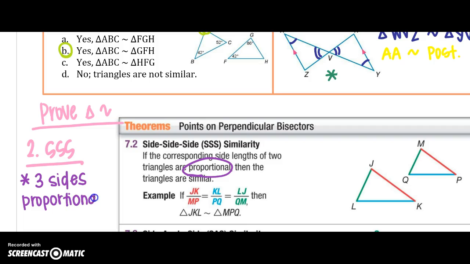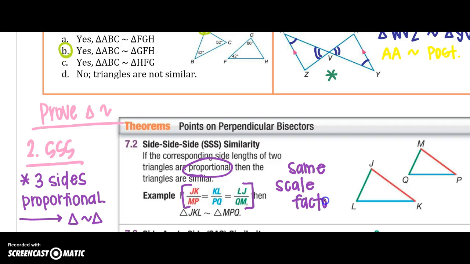If that happens, I know my triangles are similar. Remember, proportional means that when I set up my proportion, all of them are going to come out to be the same fraction, which means they have the same scale factor. That ratio is going to be the exact same for all 3. So SSS is one way.